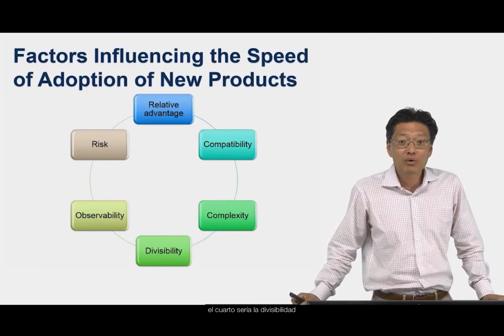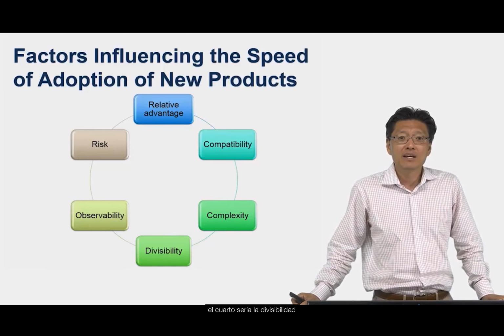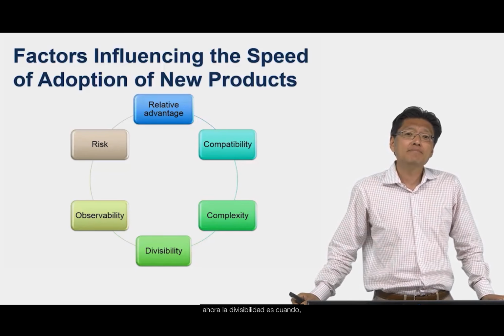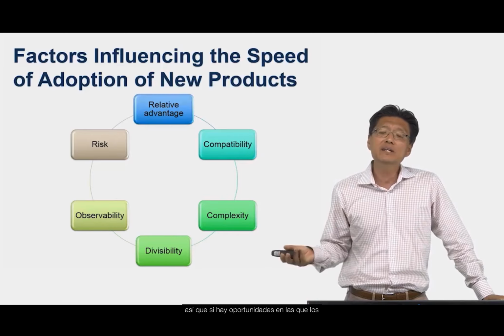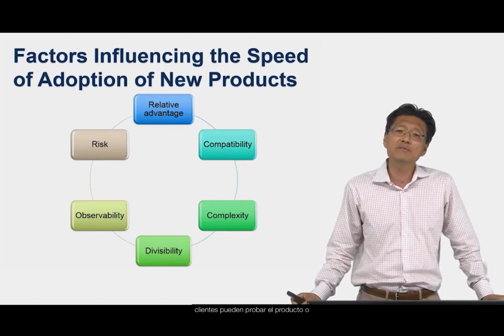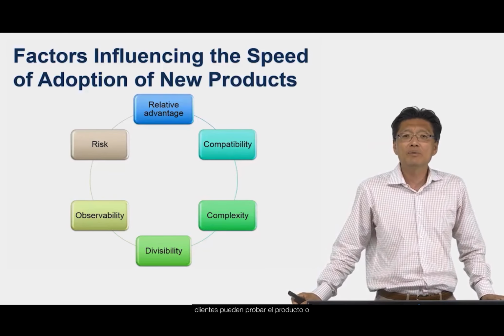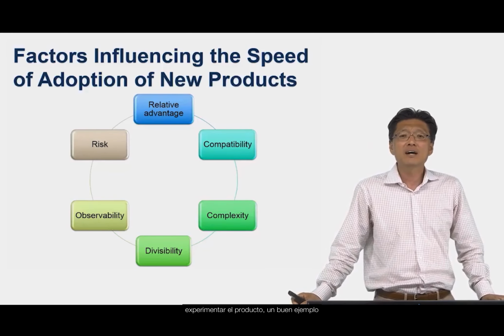The fourth would be divisibility. Divisibility means experimentation. When customers can experiment and try the product on a limited basis before they commit to the product, the easier it will be for customers to adopt. A good example is the Apple Store.